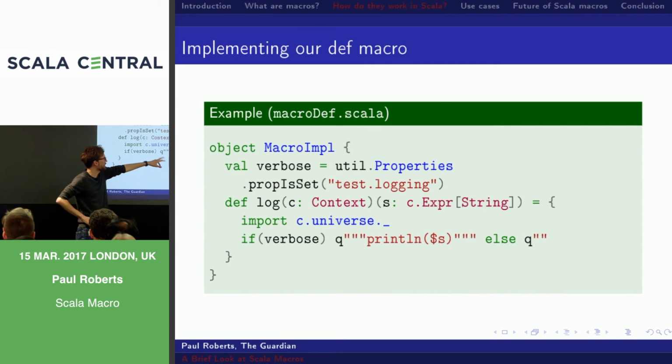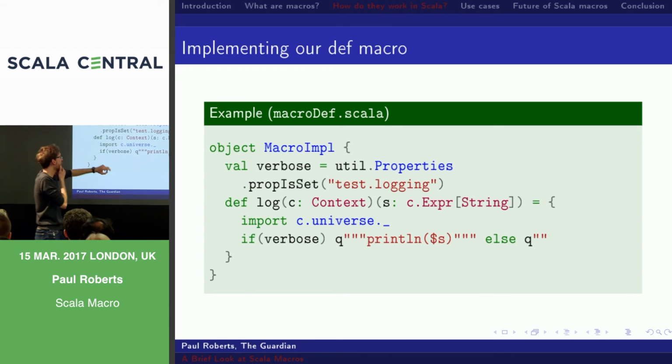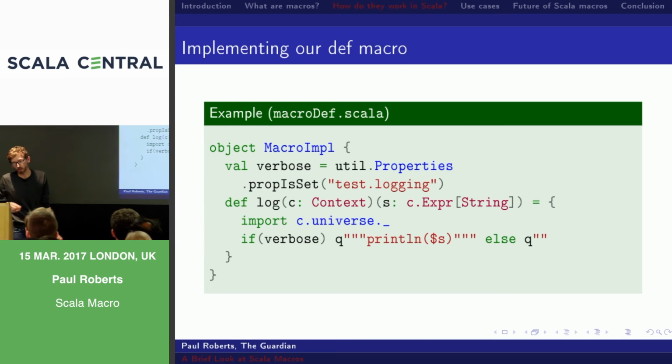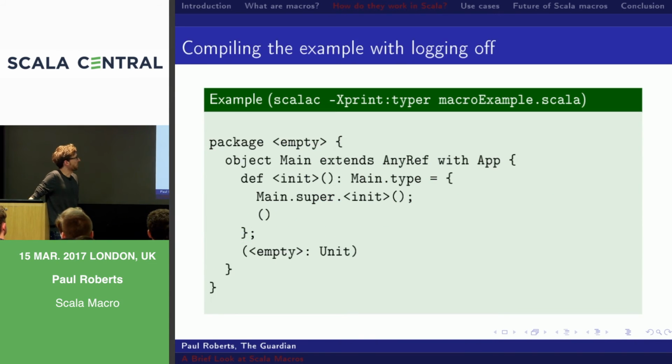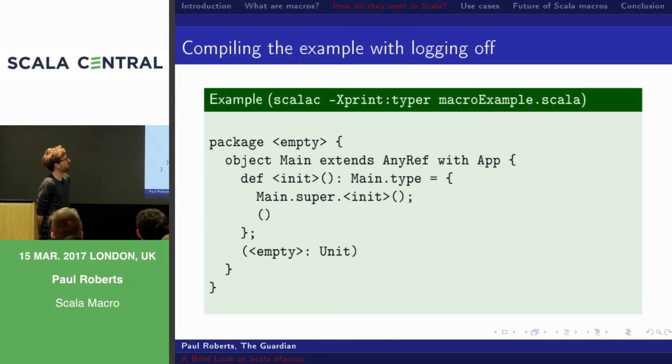All this does is use the quasi-quotes, as we saw previously, to generate a print statement, but only if the logging is enabled. If it isn't, then we end up with nothing, no code being generated. It's quite useful to see how that works, or to see what effect it has, because when we do the compilation with a simple program which uses that macro, and we put in the xprint typer option, then we can see an idea of the code that's being generated by the compiler.